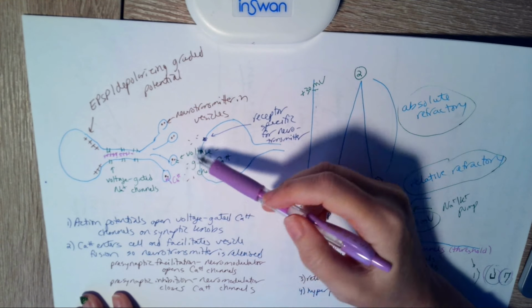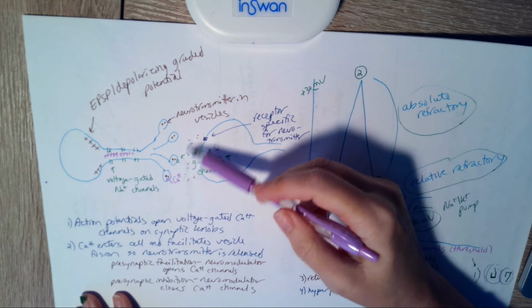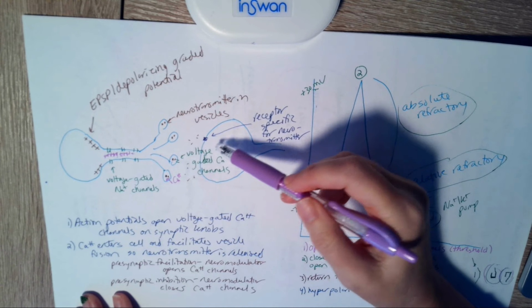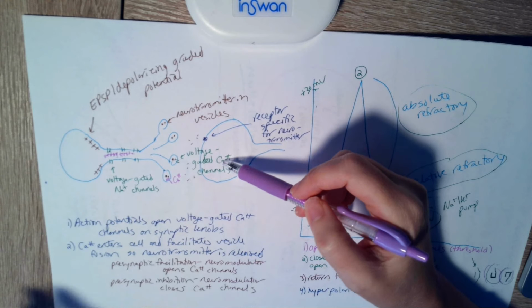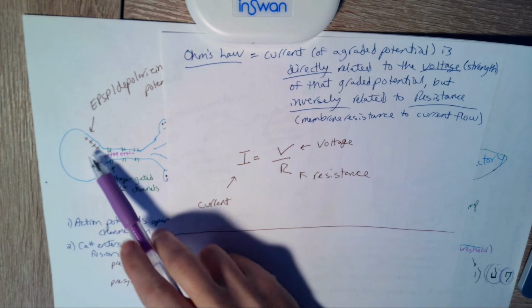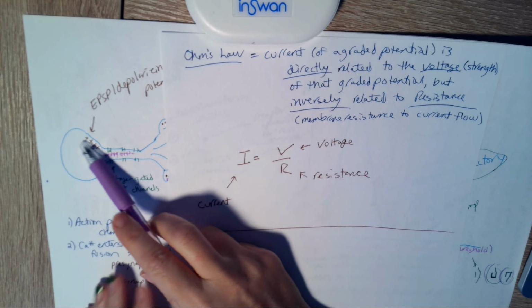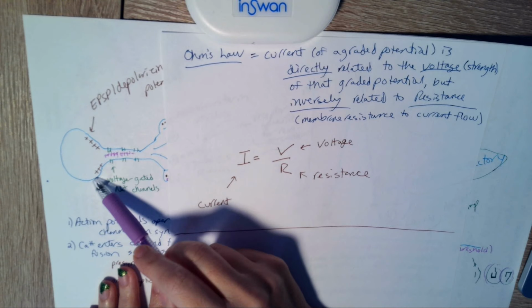Now, before we get to what happens once that neurotransmitter is in the synapse and how it's going to affect this second cell here, this postsynaptic cell, I want to go over one little thing called Ohm's Law. And this is dealing with the EPSPs and IPSPs and how they travel or diffuse along the cell membrane.